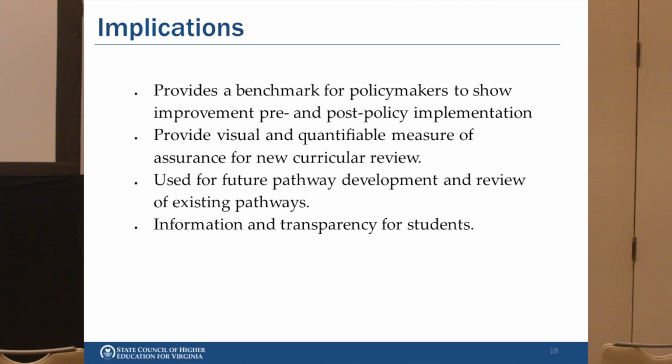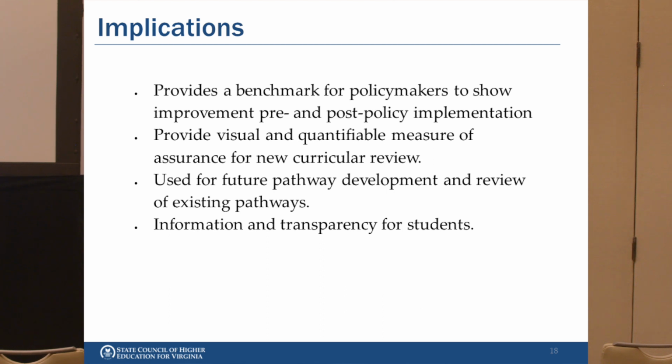But again, I think the big thing here is we have a metric. We can look back at that. We can visually identify the work that we've been doing since we don't have that transfer and graduation data just yet because the pathways are still new. This gives us something that we can put out that people can say, hey, great, this legislation, this process is working. And so that was something we wanted to make sure. And not to mention, there's a level of information transparency, not just for students, but families as a whole, institutional staff.